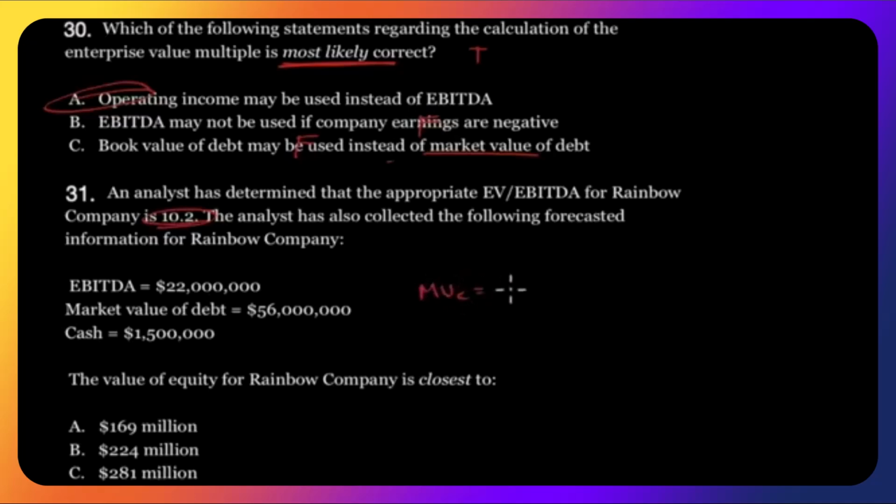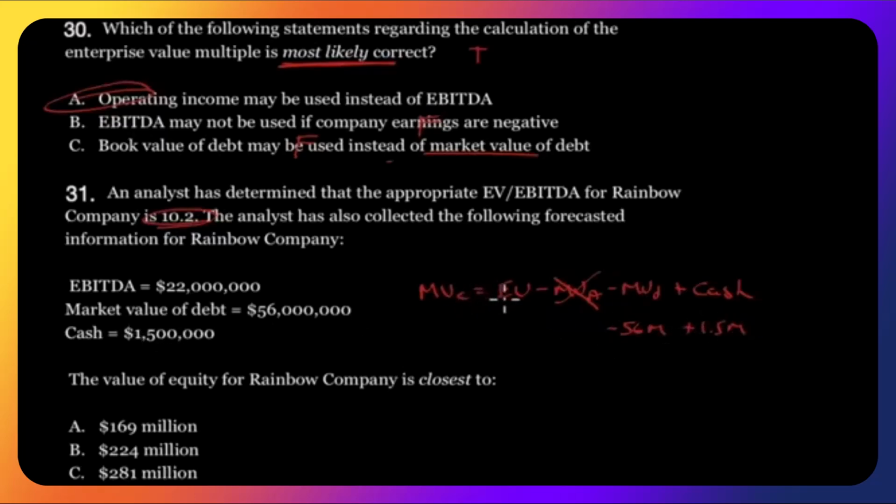Market value of equity is enterprise value minus the market value of preferred minus the market value of debt plus cash. This makes our job a little easier because we have no preferred, so we can take that right out. We have the market value of debt, minus 56 million. We have cash, 1.5 million.